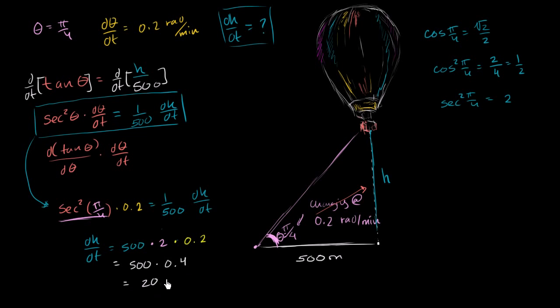This would be 2 zeros and 1 behind the decimal. Yep, there you go. It would be 200. So the rate at which our height is changing with respect to time right at that moment is 200 meters per minute. dH/dt is equal to 200 meters per minute.